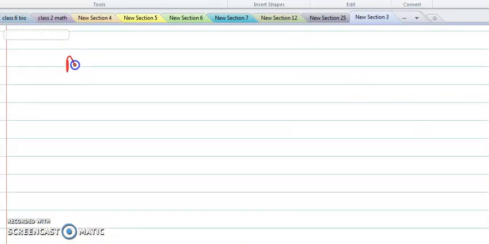Mass of an object tells us the amount of matter in the object. In simple words, I can say it tells us how heavy an object is.